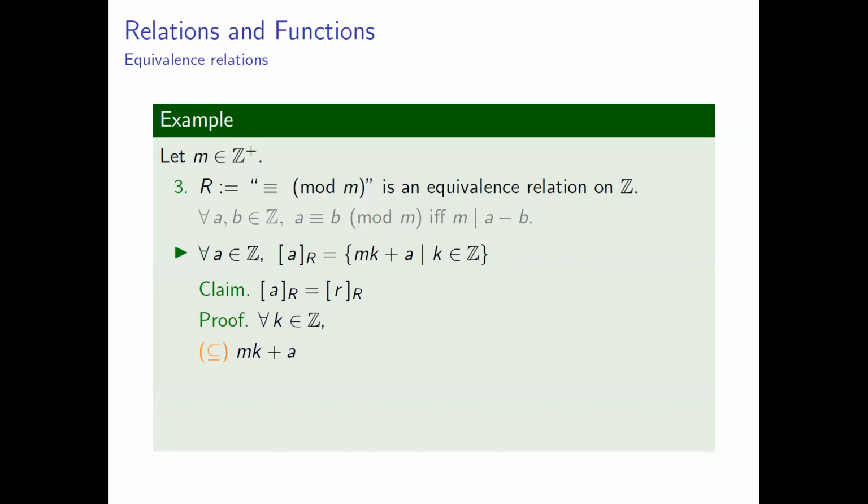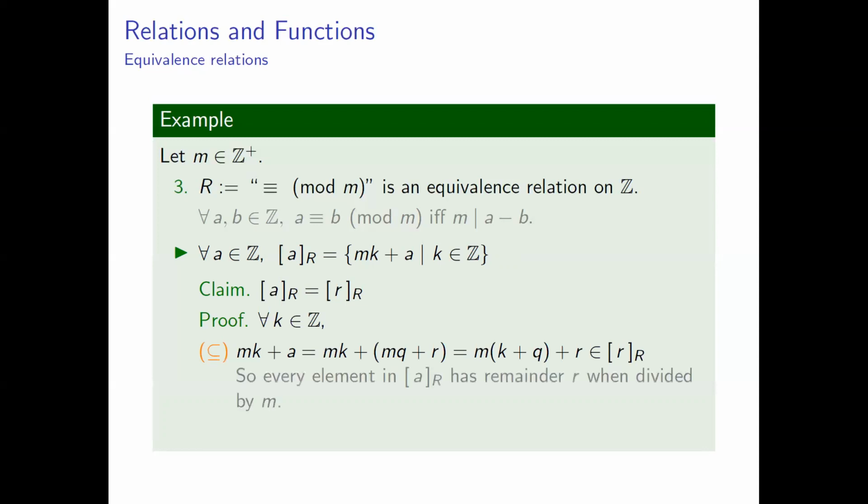Indeed, for any integer k, mk plus a can be written as mk plus mq plus r, which is equal to m times k plus q, plus r, which is an element of the equivalence class of r. This shows that the equivalence class of a is a subset of the equivalence class of r. Note that this, together with the division algorithm, implies that every integer in the equivalence class of a also has remainder r when divided by m.